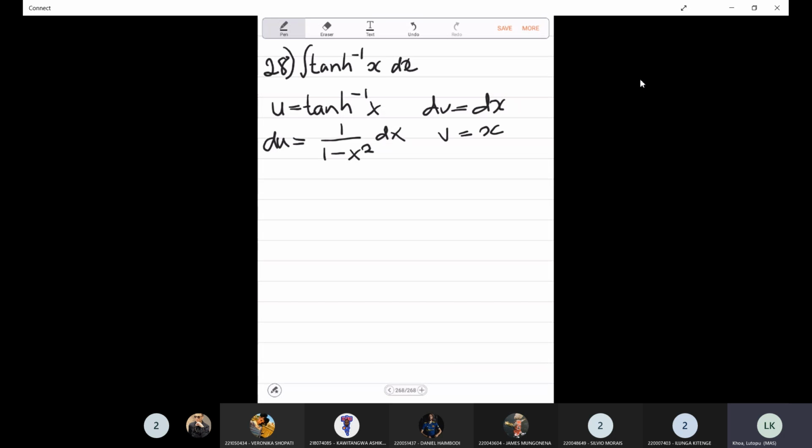So now our integral of the hyperbolic tan inverse of x dx, this is u times v, x times hyperbolic tan inverse of x, and then we subtract the product of v and du, which is x over 1 minus x squared dx.